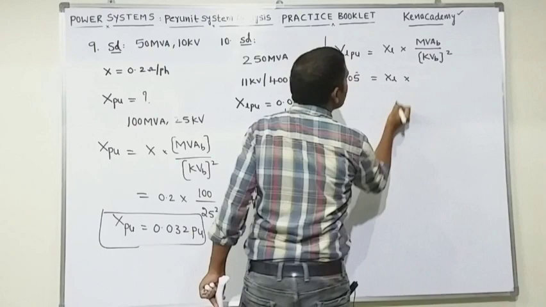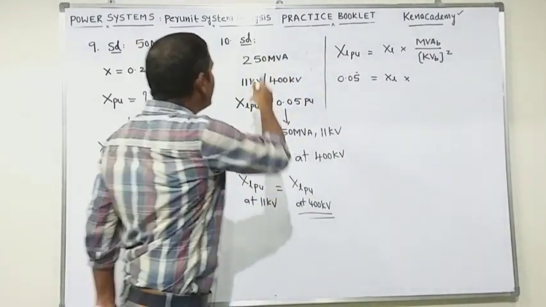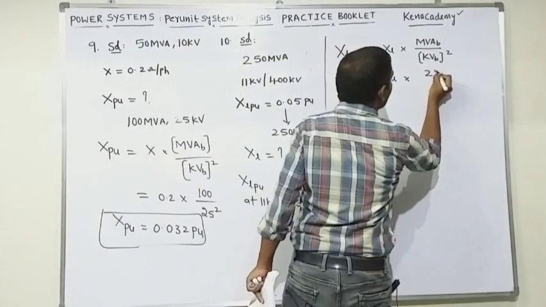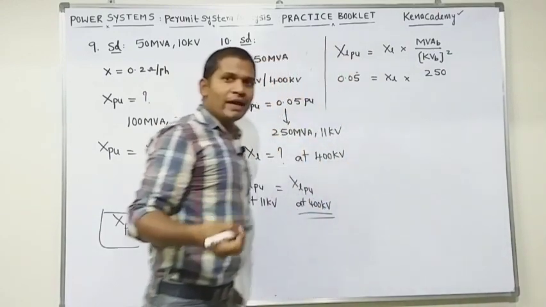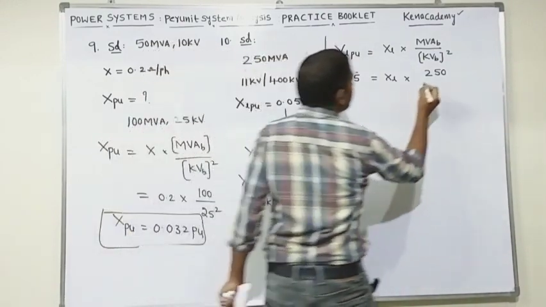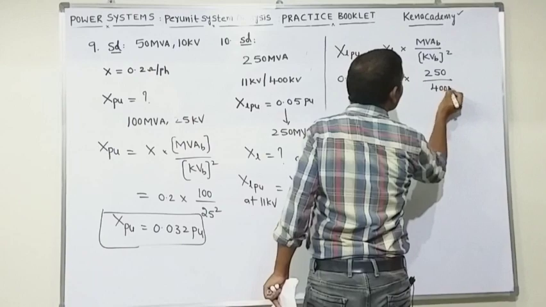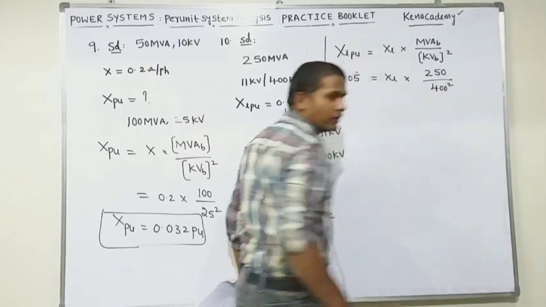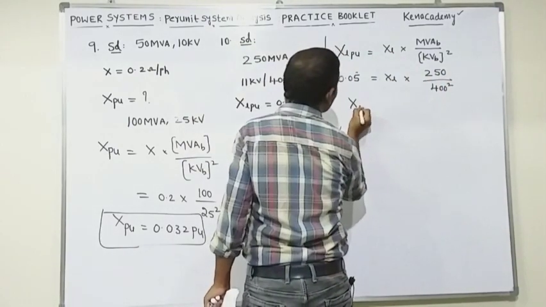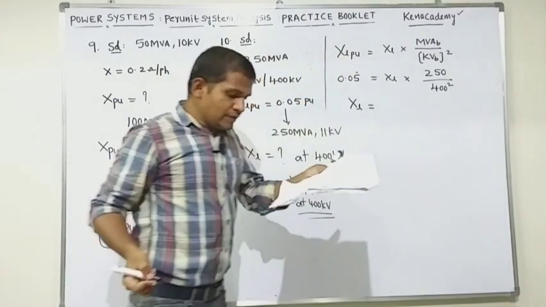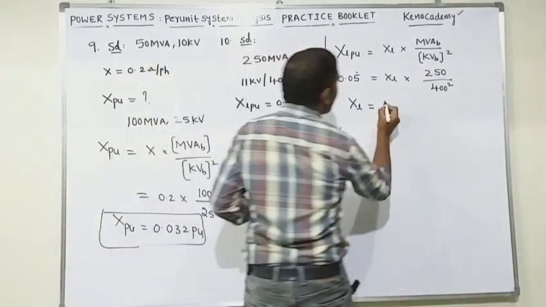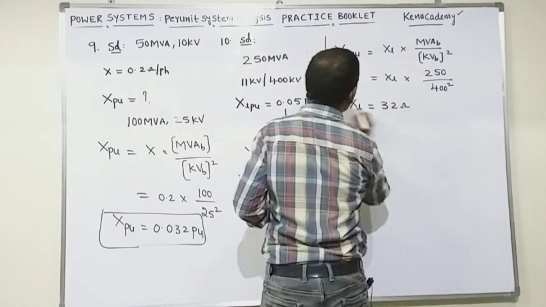That is XL into MVA base. Base MVA is how much? 250. At which base side do you want to calculate? 400 kV side, that is 400 square. It is directly given in kV, that's why I am substituting directly. Then what is the leakage reactance we can get? Students, you simplify that, and we get the leakage reactance as 32 ohms. This is the value.